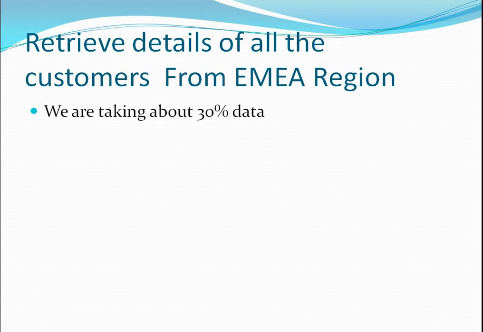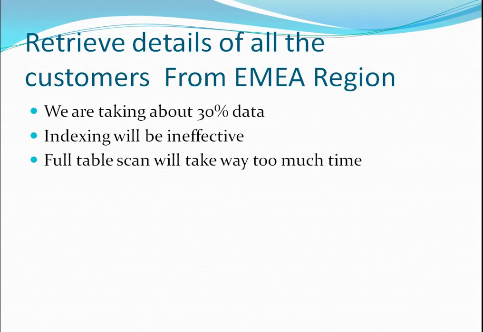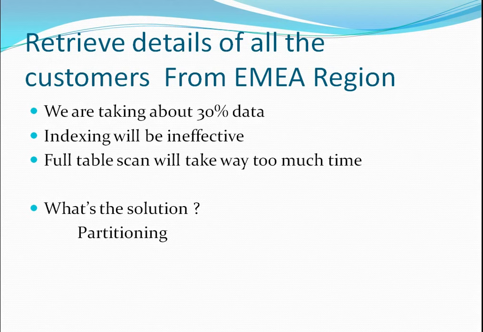Beyond that, the Oracle Optimizer goes for a full table scan. But when we have such a huge amount of data, billions of rows, both indexing and full table scan will take way too much time and will be ineffective. In that case, what's the solution? The solution is partitioning, and we will see in a moment how it's effective.